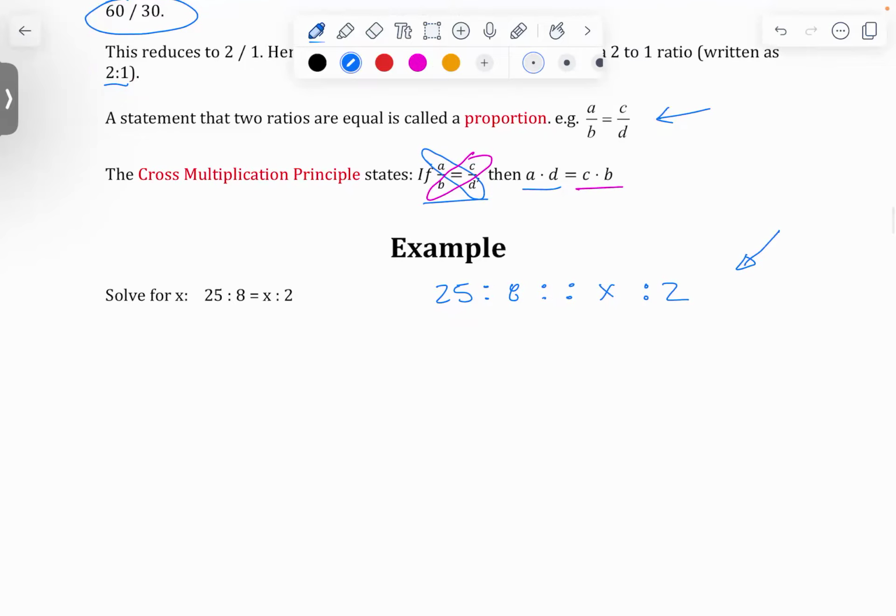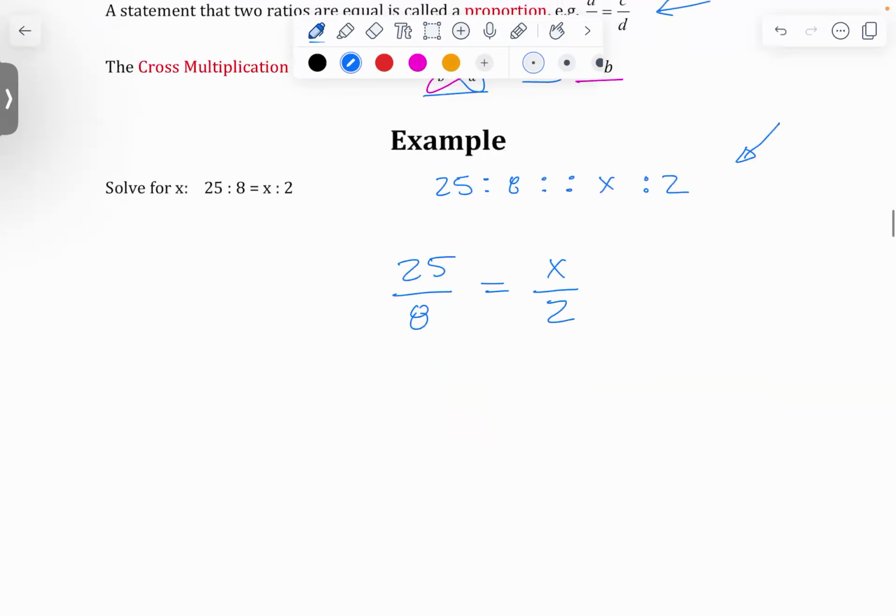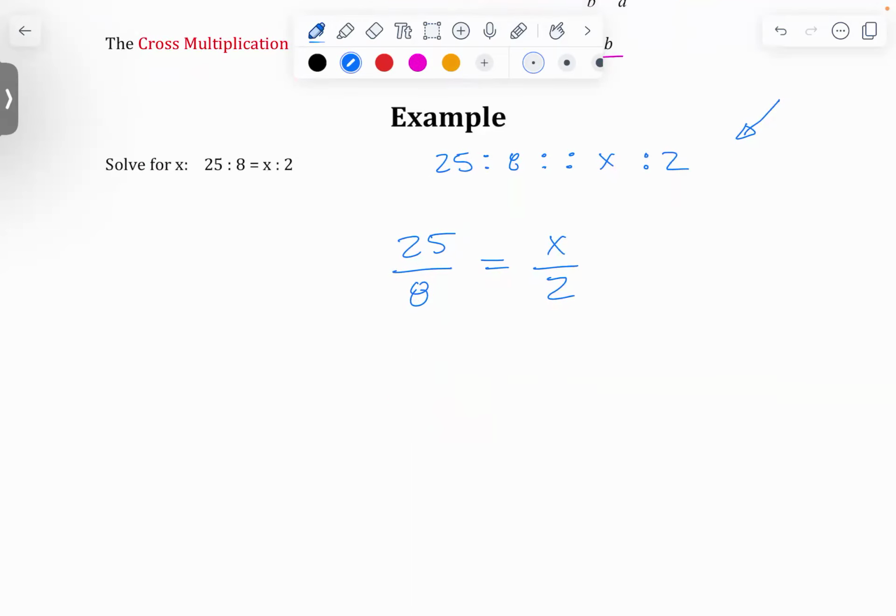This breaks down: a single colon, as we just discussed, means turn that into a fraction, 25 divided by 8. Double colon means that is an equal sign. And then again, single colon is a fraction. Once you have it written like this, then this is pretty easy. Cross multiply and solve this down.